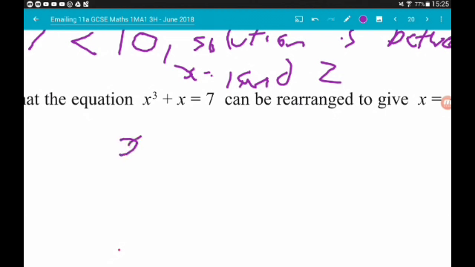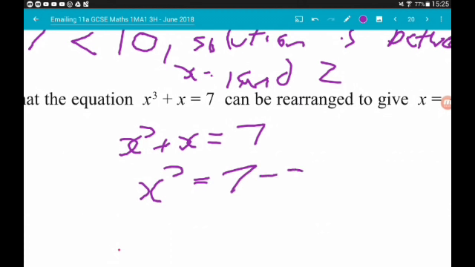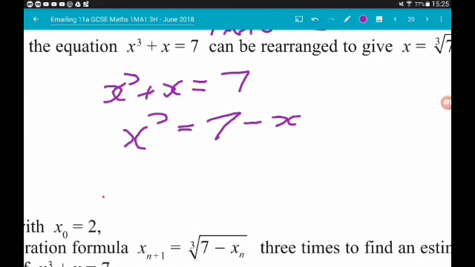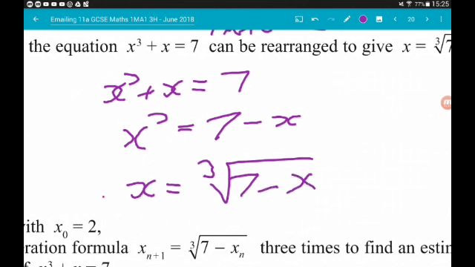So we've got x cubed add x is equal to 7. Take away the x, we get x cubed is equal to 7 minus x, and then cube root: x is the cube root of 7 minus x.